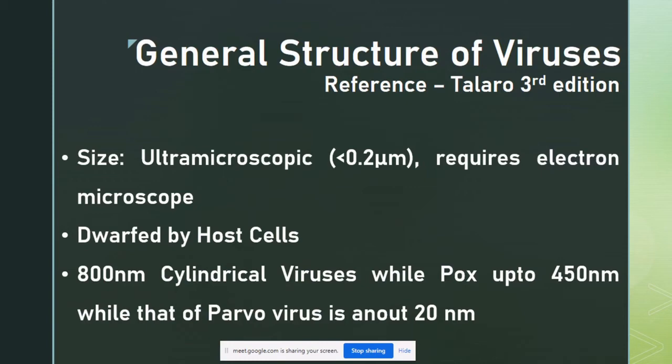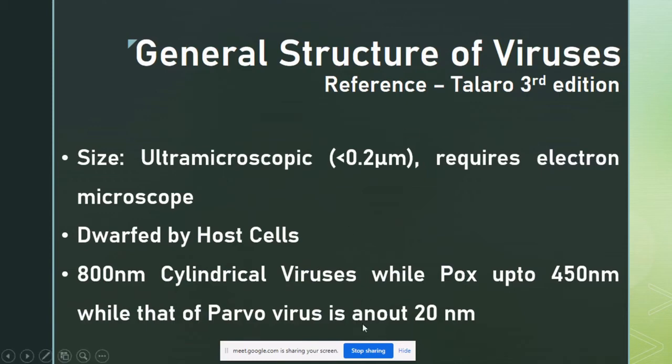While pox virus, if you consider it, is 450 nanometer, while that of parvovirus is 20 nanometer. Earlier, the foot and mouth virus, the one that was discovered as the reason of infection in cattle, was 21 nanometer and known to be the smallest one. But this one, parvovirus, is yet smaller at 20 nanometer.